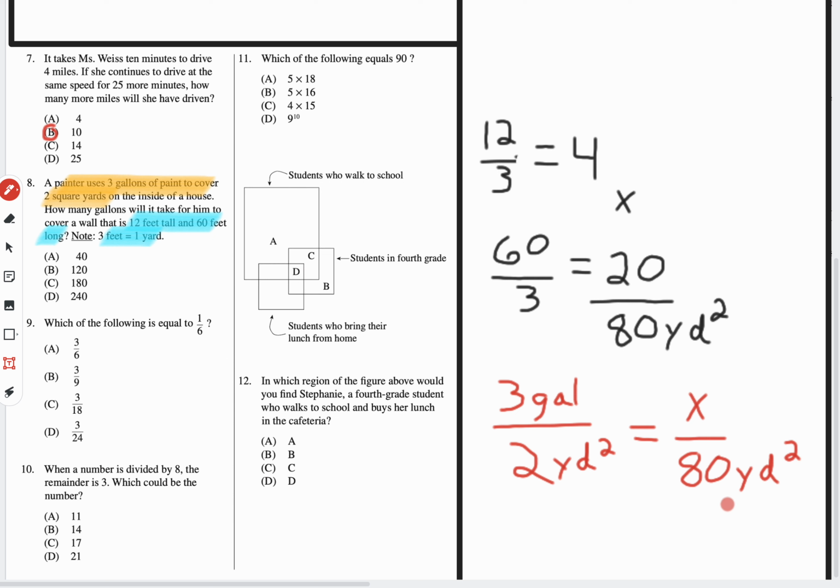Now we can use our rules of cross multiplication. Let's multiply 3 times 80. Three times 80 will give us 240. Equals 2 times X, or 2X.